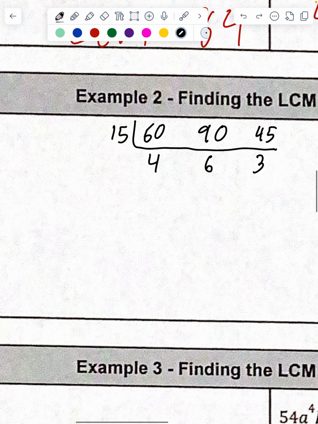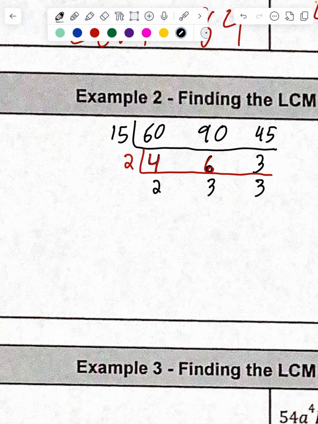So with the 4, 6, and the 3, I see that I can take a 2 out, but I can't take a 2 out of everything. I could just take a 2 out of this 4 and a 2 out of this 6. And if I do, I am left with 2, 3, and 3.